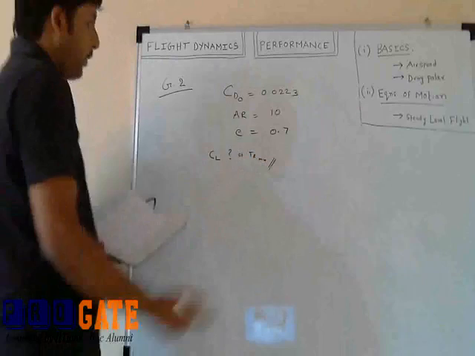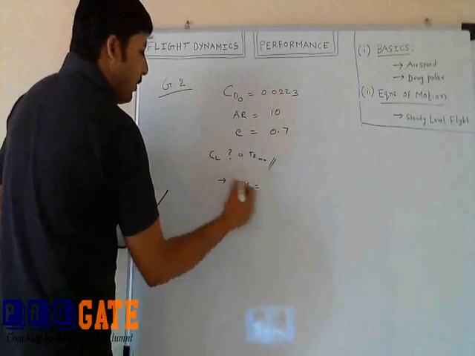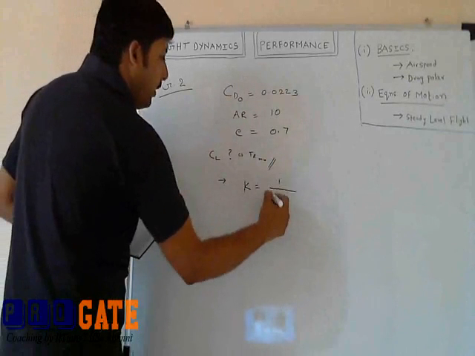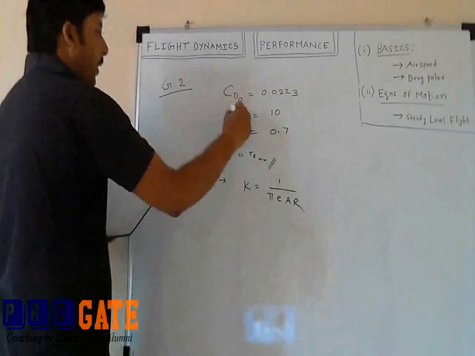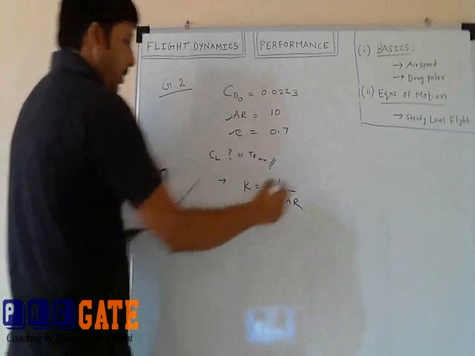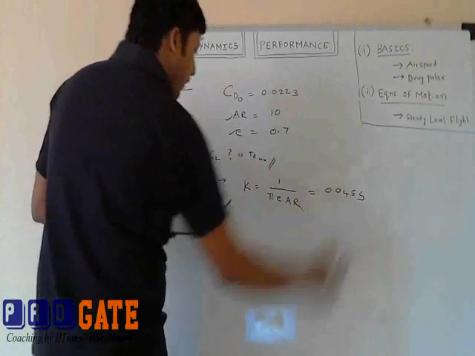Now we can find it from the relation. K is 1 by pi E AR. So we know AR, we know E. Substituting that, we get K as 0.0455.